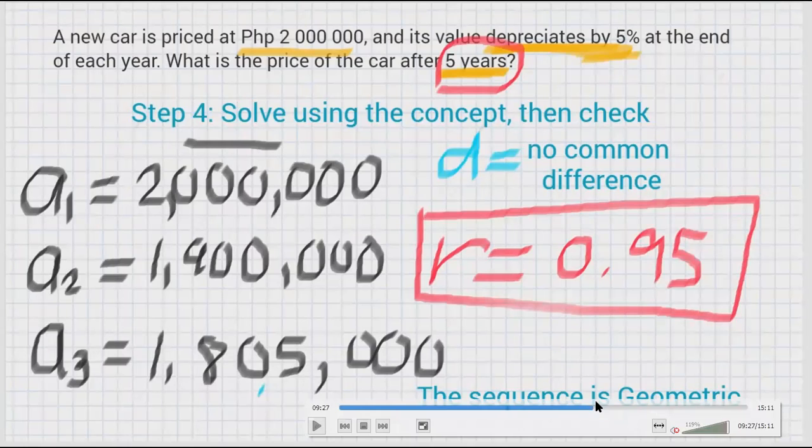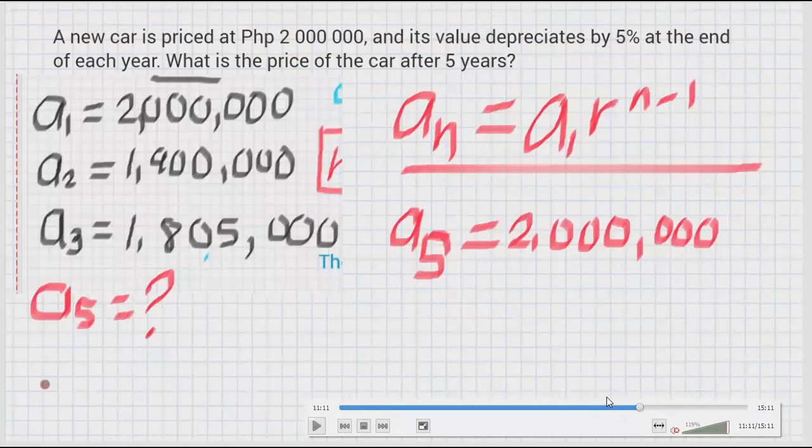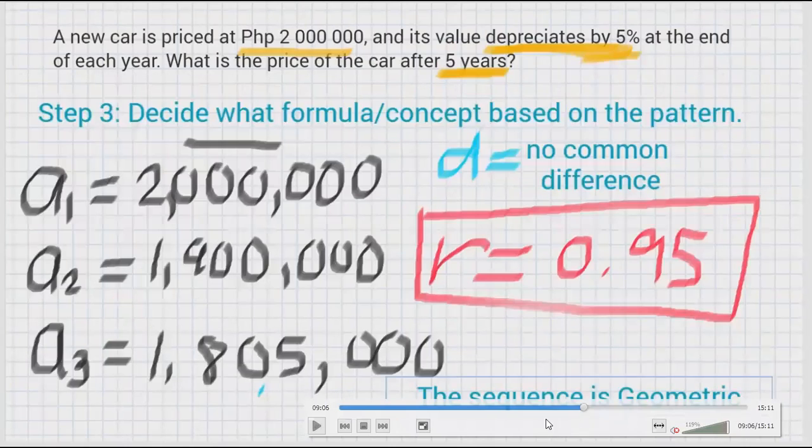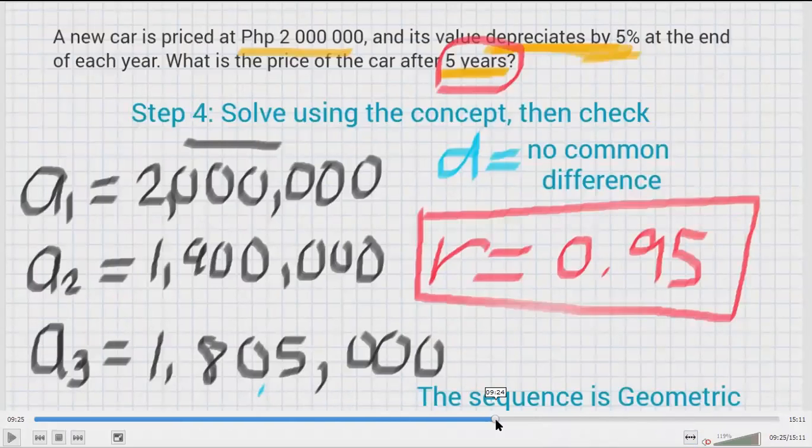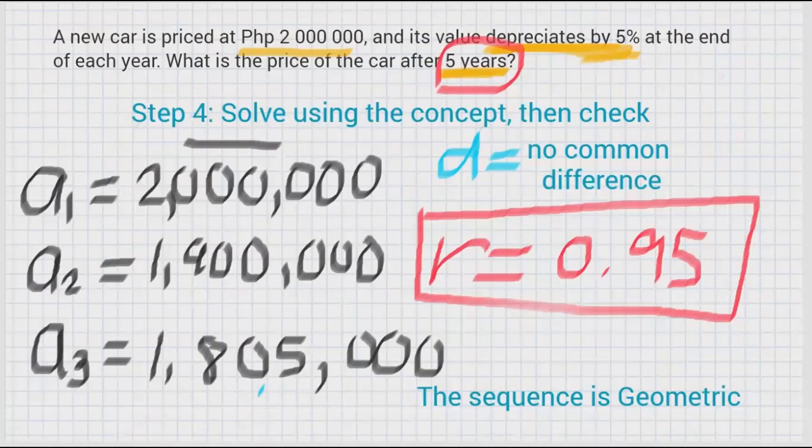It is very important that you know how to use the formula, because let's say the problem reaches 10 years, 15 years. Of course, we're going to use the formula already. Okay, so let's continue.